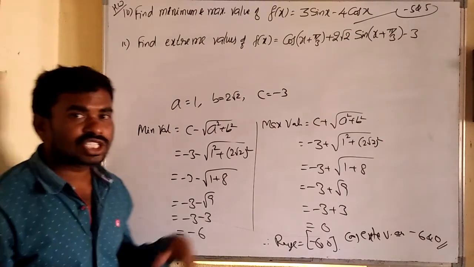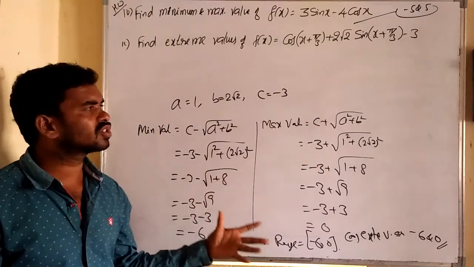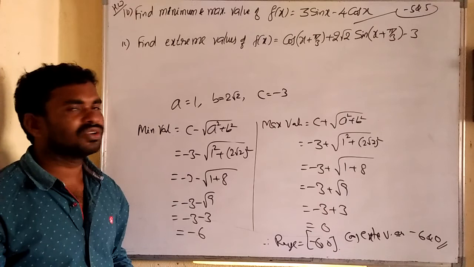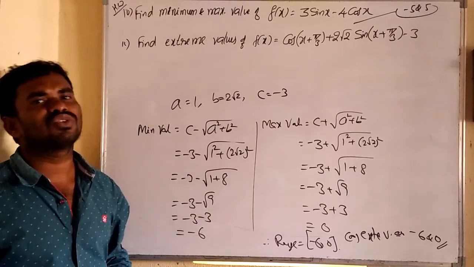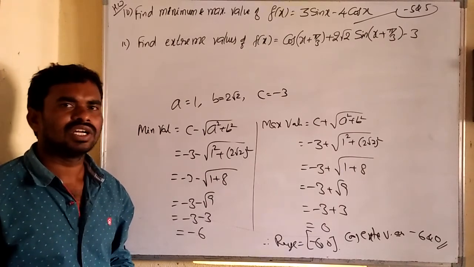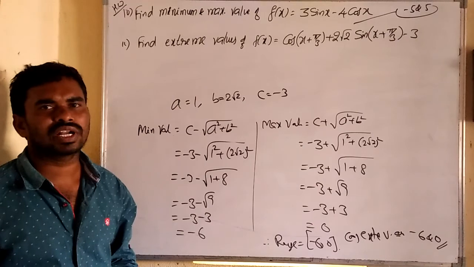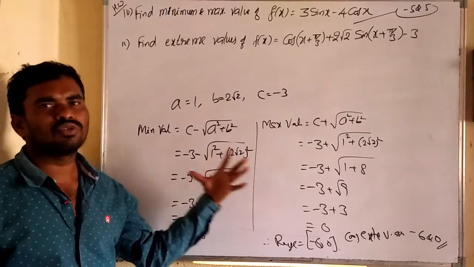Okay, in the next part, this is part 3. In part 4 also I will tell you 2 marks questions. In those 2 marks questions, the main concept is how to find the periodicity of a trigonometric function. That is also very important. In the next part, I will almost complete the 2 marks questions.